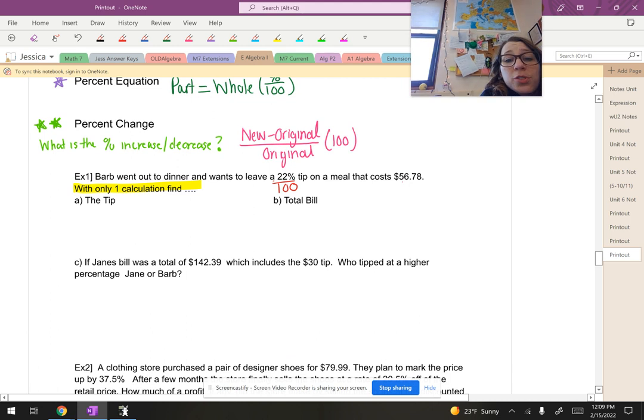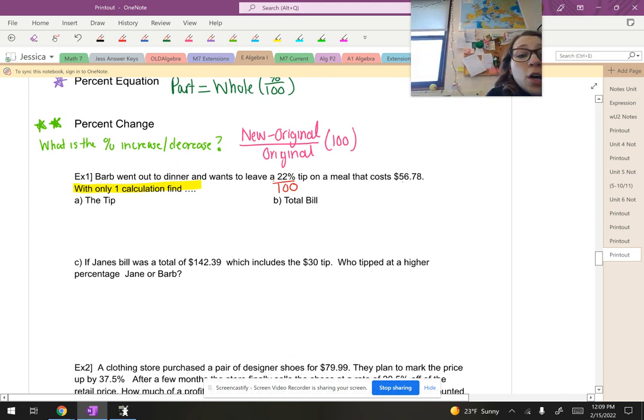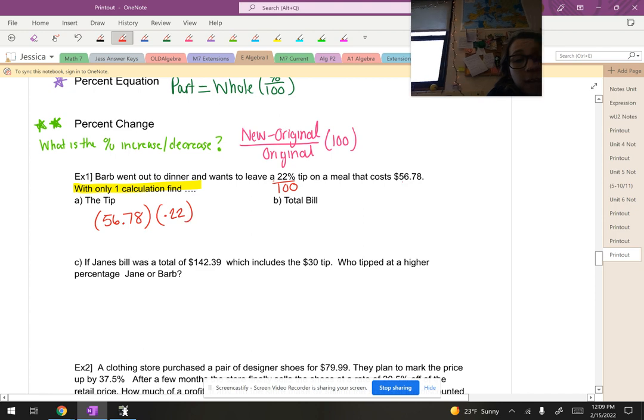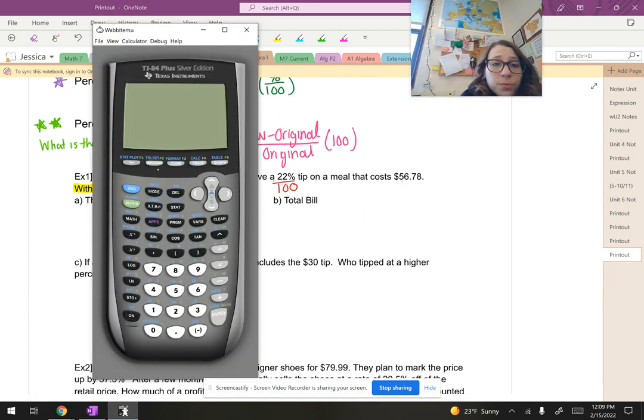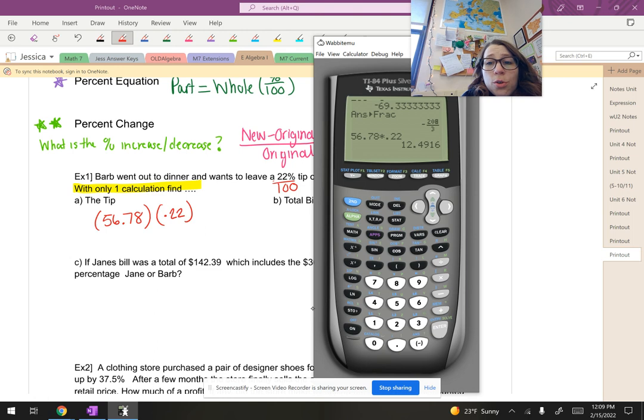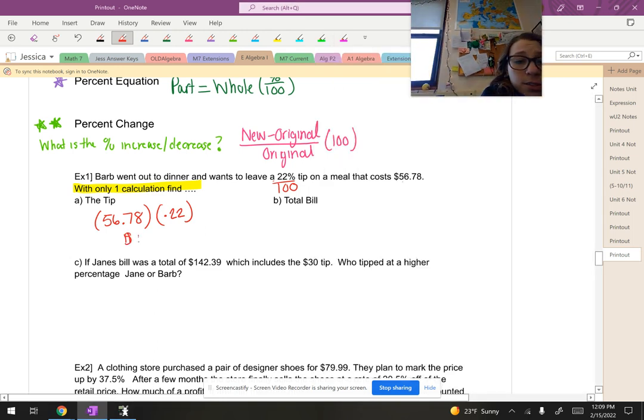So that 22% is going to turn into 0.22. So with one calculation, I'm going to find the tip by doing that total amount times that percentage as a decimal. 56.78 times 0.22. So $12.49.